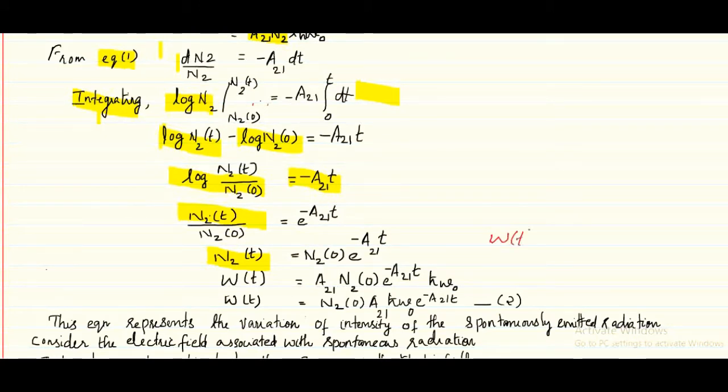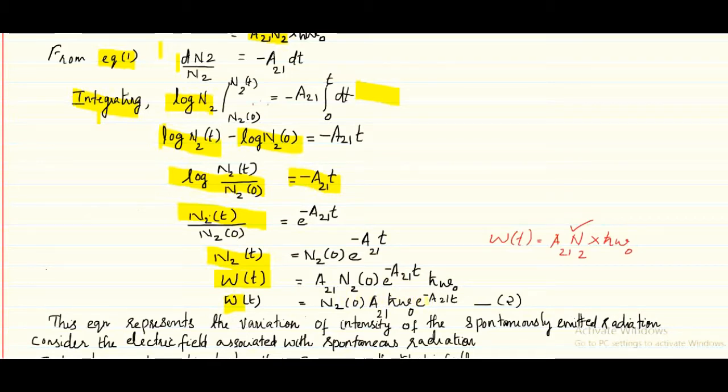We have already written that W(t) equals A21 N2 times ħω0. Substituting the value of N2, we get W(t) equals A21 times N2(0) e raised to minus A21 t times ħω0. So W(t) equals N2(0) A21 ħω0 e raised to minus A21 t.